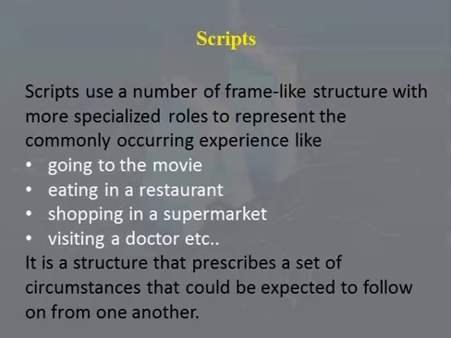Scripts use a number of frame-like structures with more specialized roles to represent commonly occurring experiences. The events or tasks that commonly occur around us can be converted into a structured scripting form, like going to a movie house for watching a movie, eating in a restaurant, shopping in a supermarket, visiting a doctor.